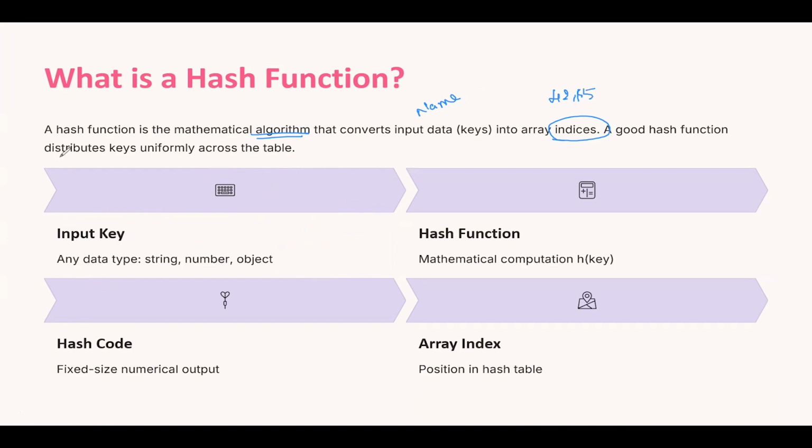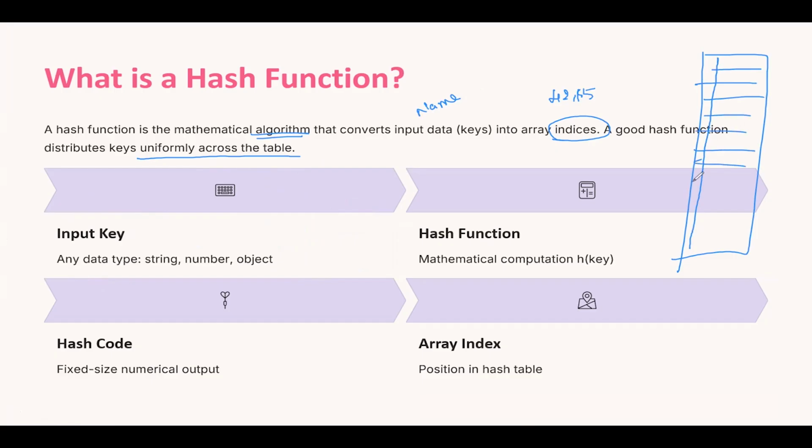A good hash function distributes keys uniformly across the table. So, however many values you have, your hash function should be good enough to handle those many values. If I am storing n number of values, your hash function should generate keys which should be unique across the table. Okay, so the input key can be any data type. It can be a string, number, or object.